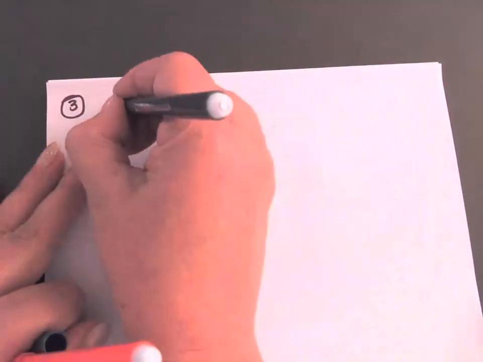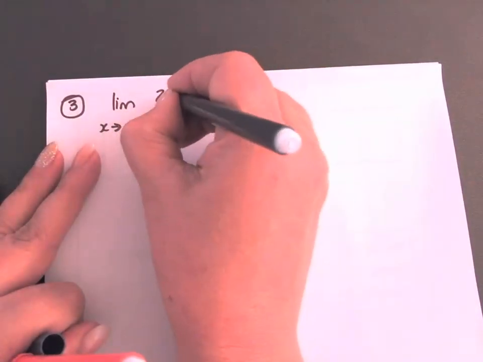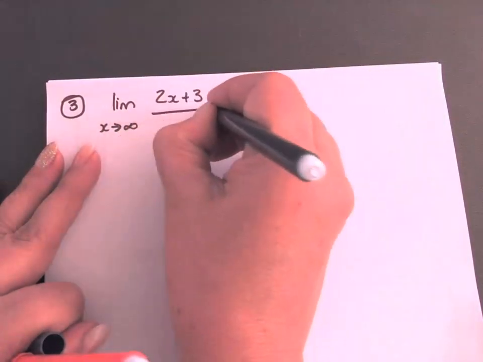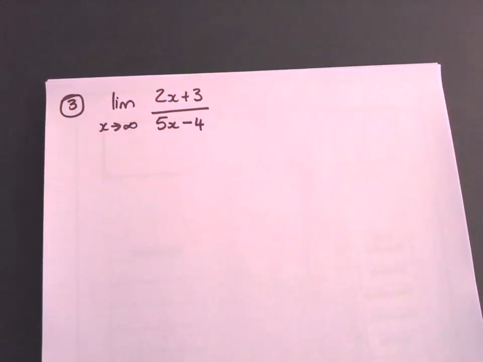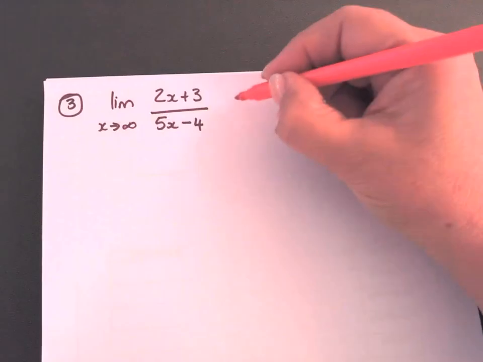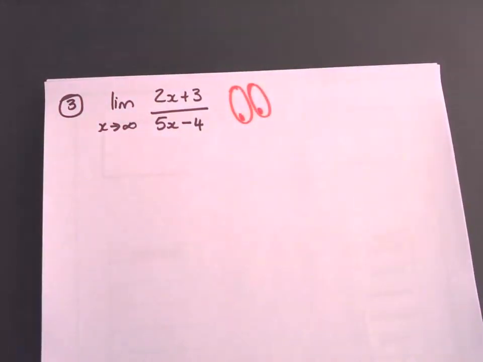Now let's do a sum with the limit where x tends to infinity of 2x plus 3 over 5x minus 4. What's the first thing that you always do with limit sums? You look. Okay.